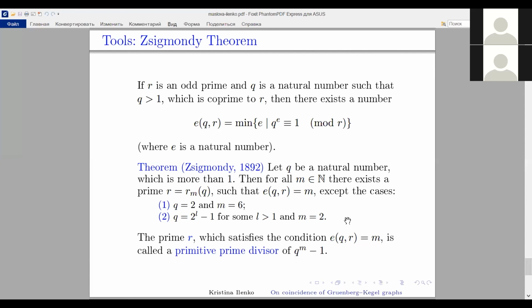Also, I would like to tell you one fact about the prime r. The prime r, which satisfies the condition on the slide, is called a primitive prime divisor of q to the power m minus 1.